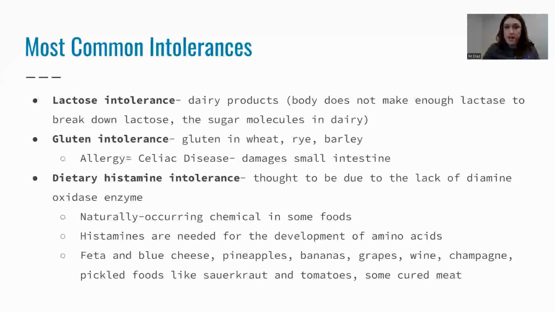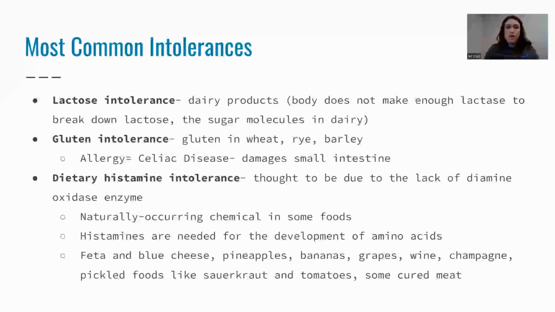So somebody with celiac disease who eats something with gluten in it is actually damaging their small intestine, whereas someone with an intolerance may experience some discomfort, but not great symptoms. However, there's no physical damage being done to the body.